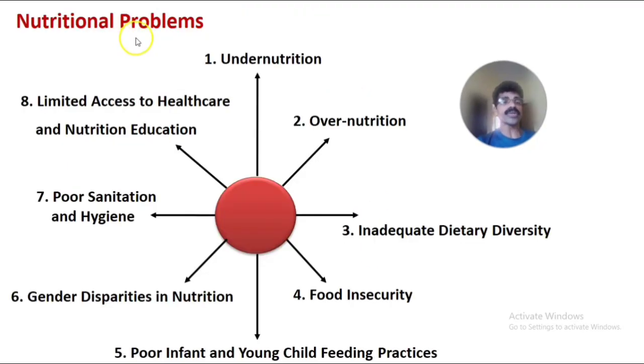Okay, the major nutritional problems prevalent in India include undernutrition, overnutrition, inadequate dietary diversity or inadequate balanced diet, food insecurity or inadequate supply of food, poor infant and young child feeding or breastfeeding practices or formula feeding or other normal feeding practices, gender disparities in selection and consumption of nutrition, that is male and female difference, then poor sanitation and hygiene during the preparation and serving of the food.